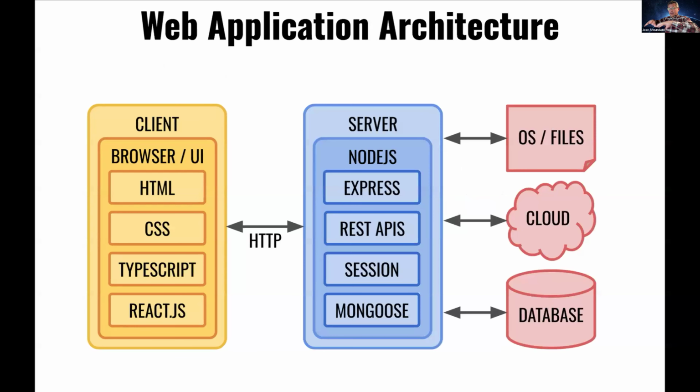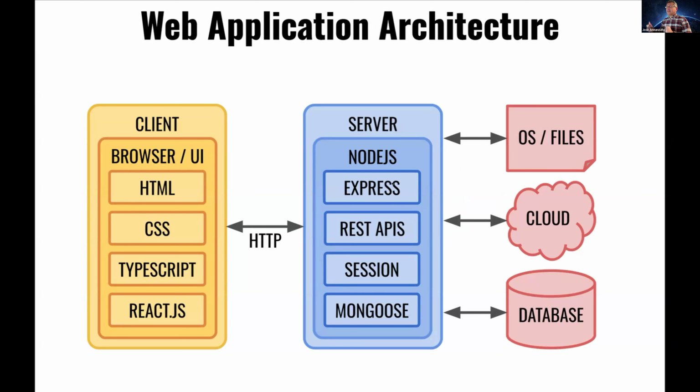But it's going to consist of two large pieces that we refer to as a client server architecture. We have on the left side the client side, and on the right hand side we have the server side.